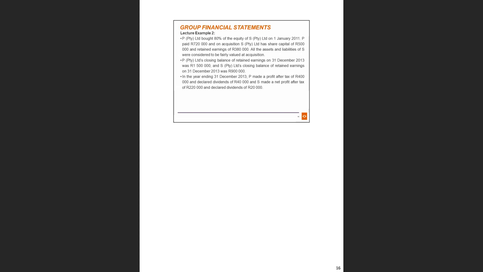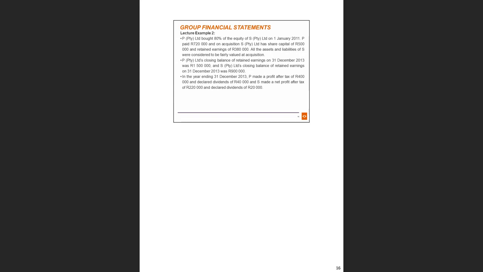Now we know that the post-acquisition retained earnings include the profit for the current year, but also the profit for the period from acquisition date to the current period. Look here, the acquisition date was the 1st of January 2011, and we have the retained earnings balance of 31 December 2013.